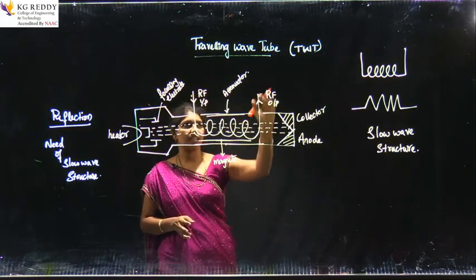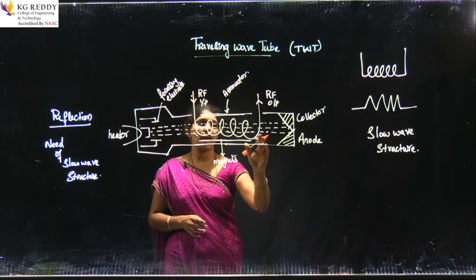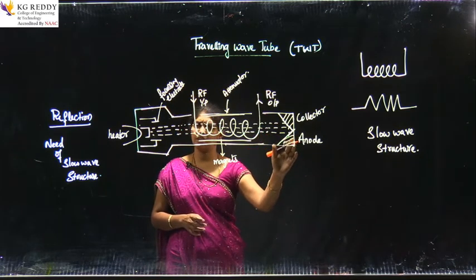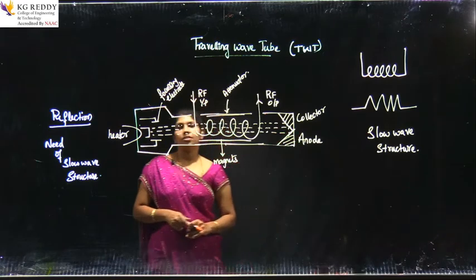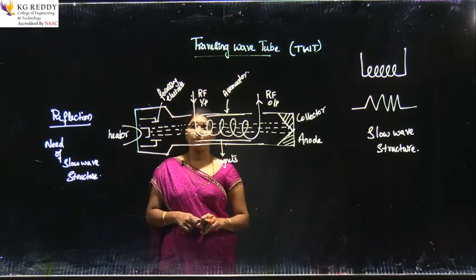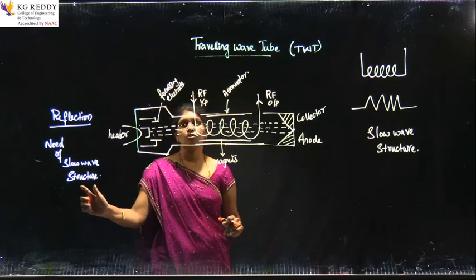Now, when the RF signal leaves the tube, the electron as usual moves with its regular velocity and it will be collected by the collector. So, here we will get maximum efficiency since we are using slow wave structures.